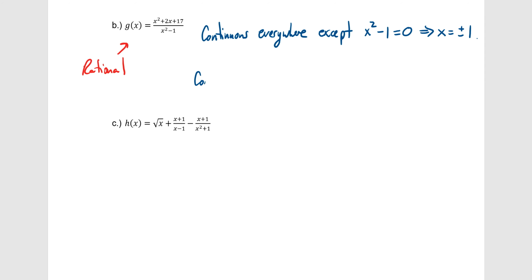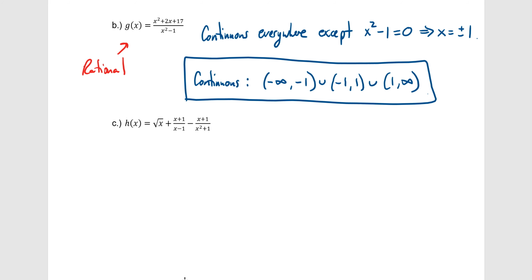I'm going to do interval notation for this: from negative infinity to negative 1, union negative 1 to 1, union 1 to infinity. Notice that there's parentheses on them, so we're not including negative 1 and we're not including 1. That essentially means everything except for negative 1 and positive 1.